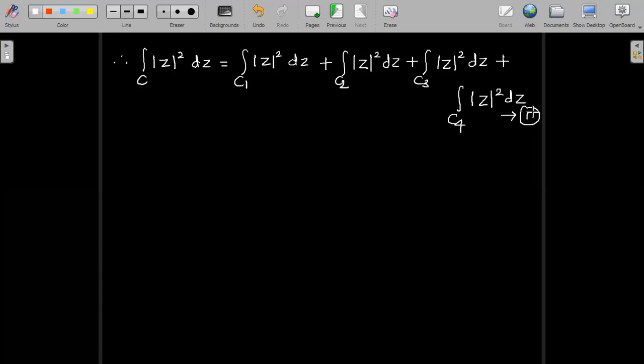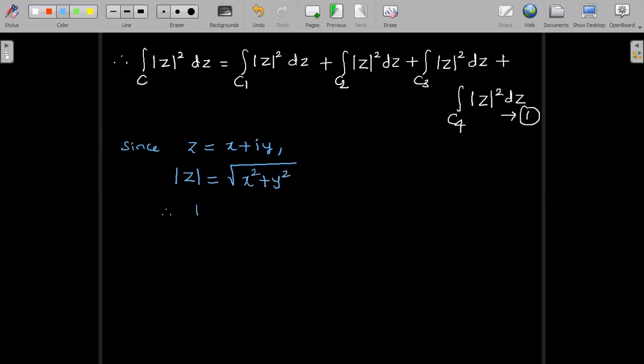Now we will consider what is mod z the whole square dz. Since z is x plus iy, mod z will be equal to square root of x square plus y square. So mod z the whole square, squaring on both sides, is x square plus y square.